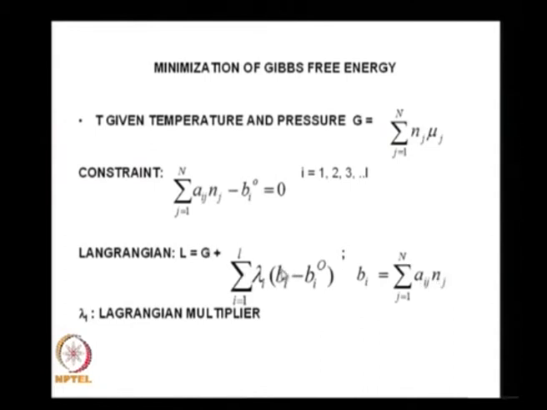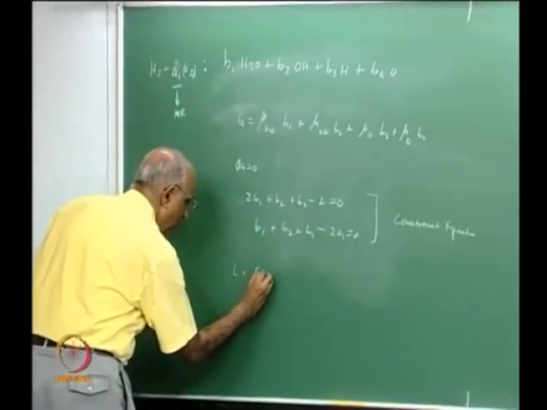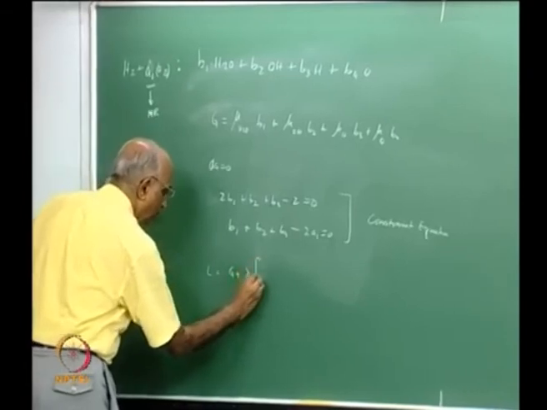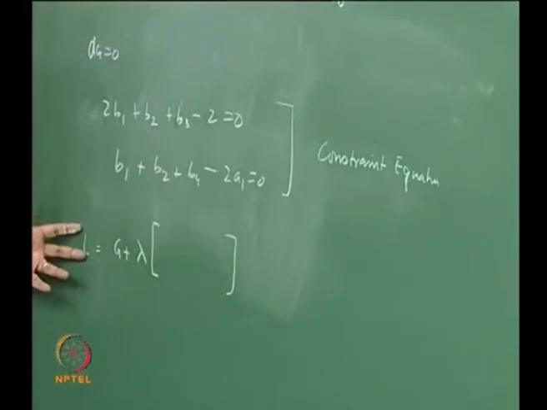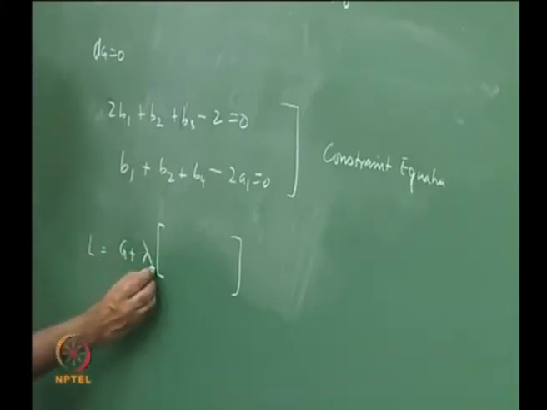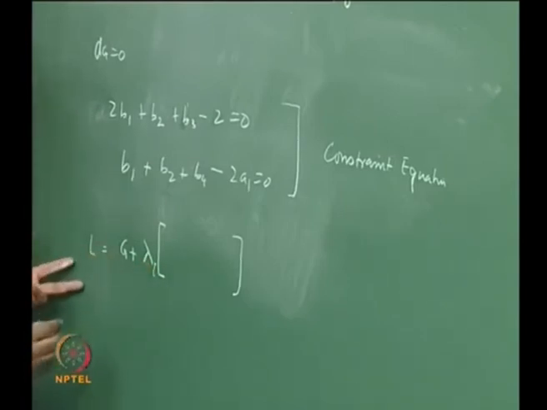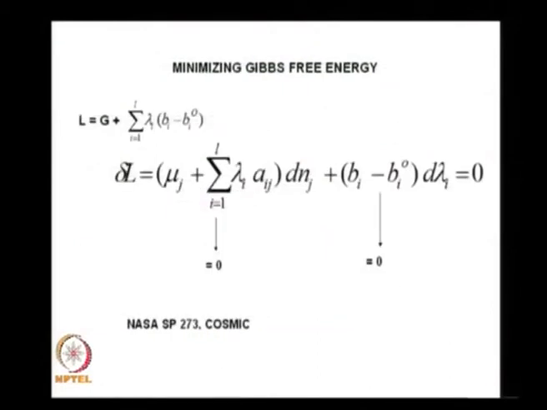Let us put it back again: I define the Lagrangian as G plus lambda into this equation. Since I have two such equations, I have two lambdas, and I say dL by d lambda must be 0. This is the method of what we call optimization, or linear optimization.